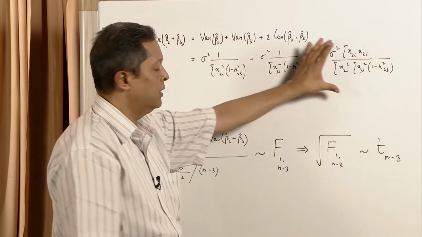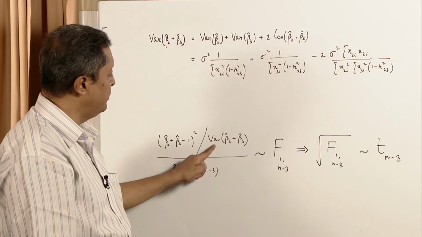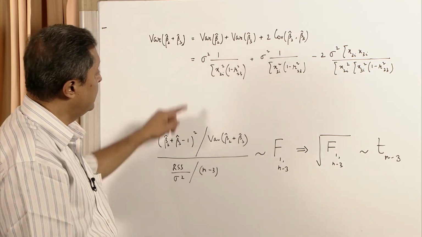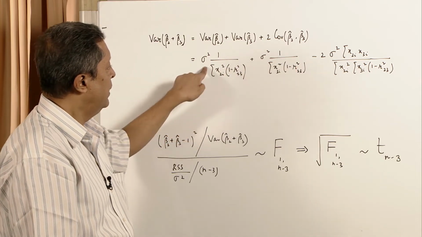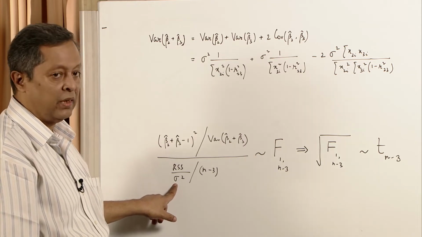So, that is the composite expression for the variance of beta 2 hat plus beta 3 hat. You would have noticed that we have the term sigma square in all the 3 components. In the denominator also we have this sigma square.